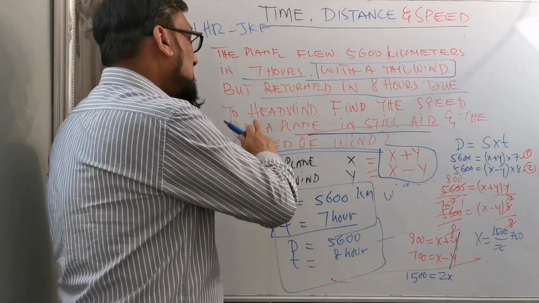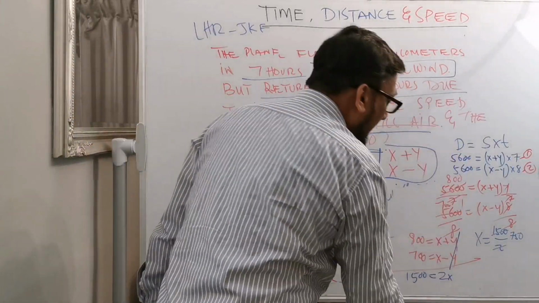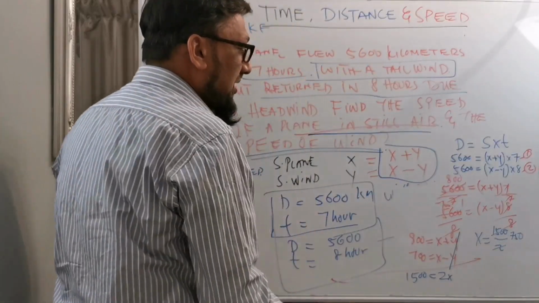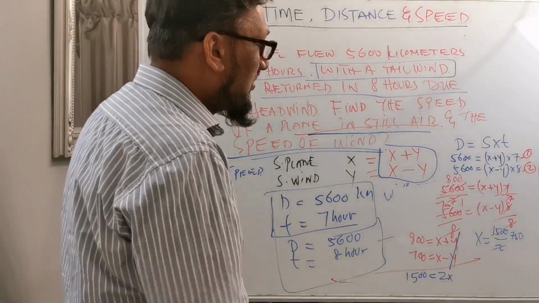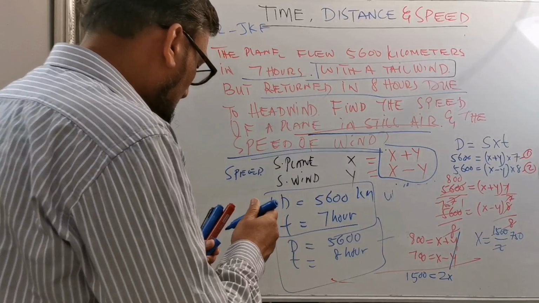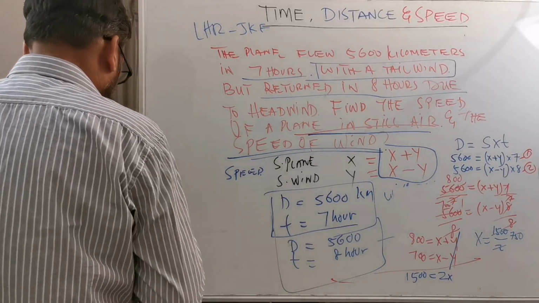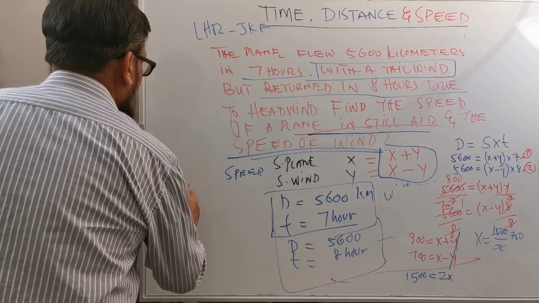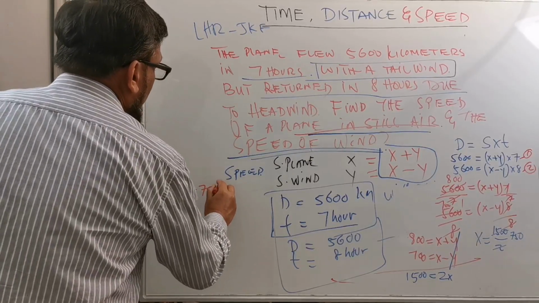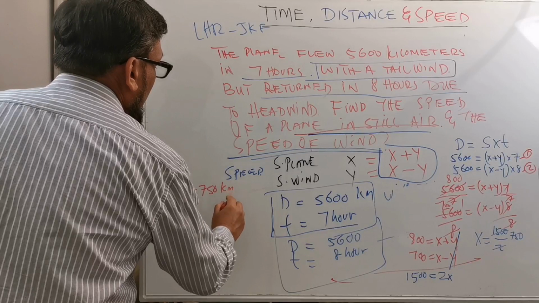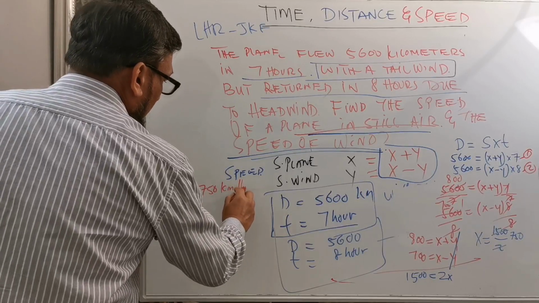So the speed of a plane in still air is 750 kilometer per hour. So we found the x is 750 kilometer per hour.